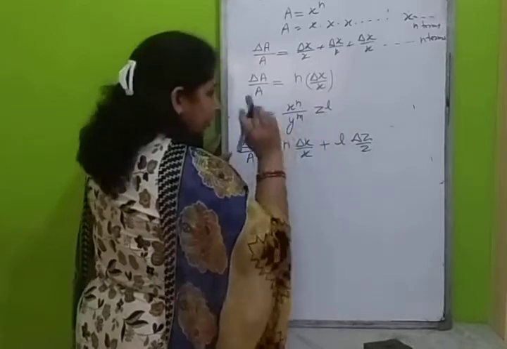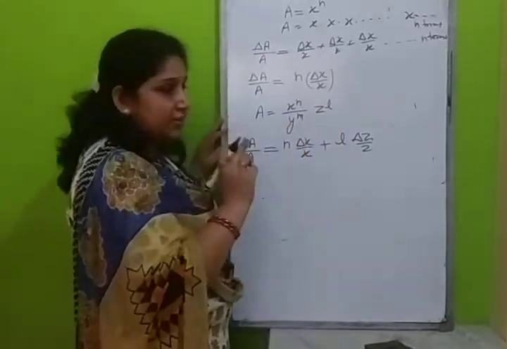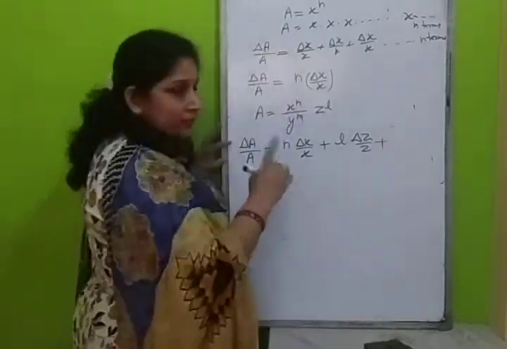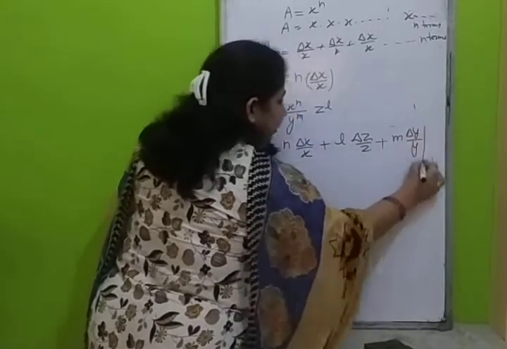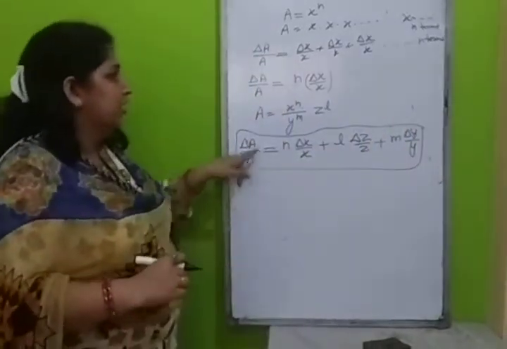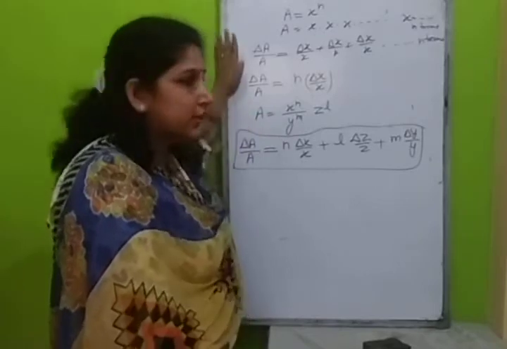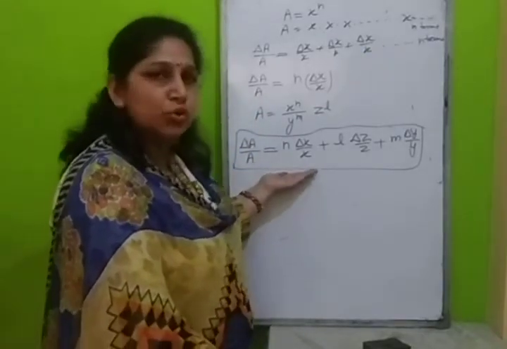In the case of division, the relative error also will add up. Means m delta y upon y. This is the relative error of the resultant when we have terms with power. Got it? With this formula we will do many numericals.